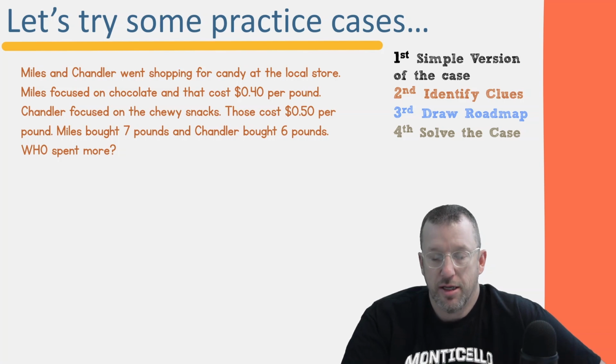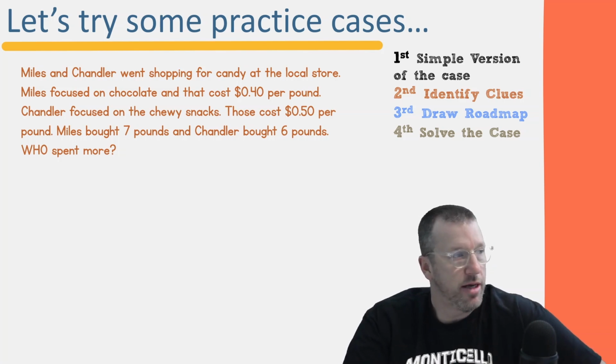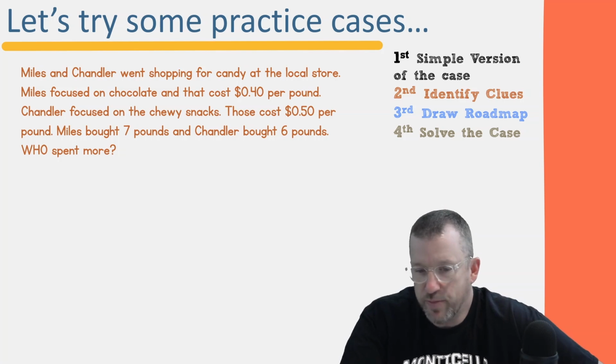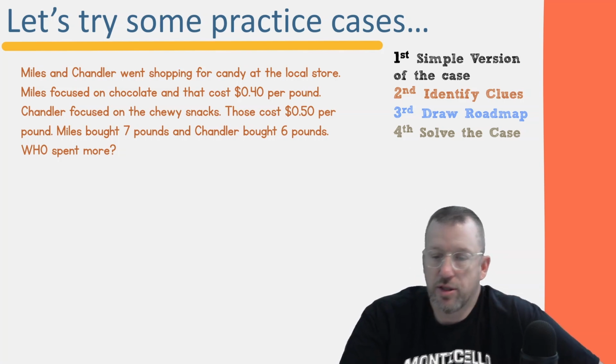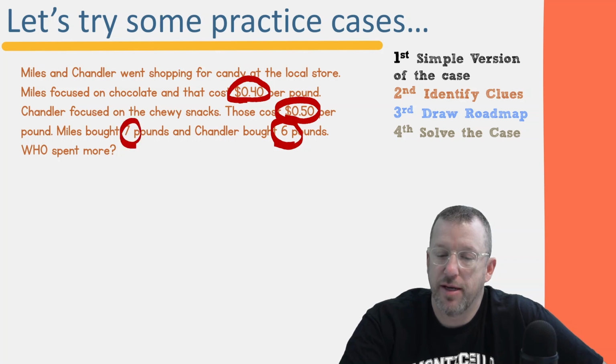A couple kids went to a candy store to buy some chocolate. One of them bought more pounds than the other, and for one of them the per pound cost was a little less. And then who spent more money? That's what we want to know. What are the clues? Well, we go in and we circle our numbers: 50 cents, 40 cents, 6 pounds, 7 pounds, and we look for buzzwords.